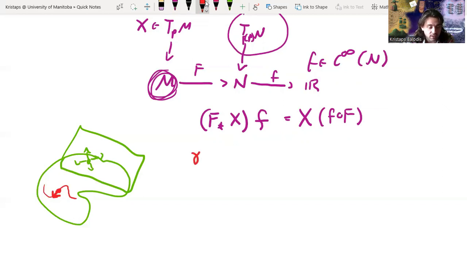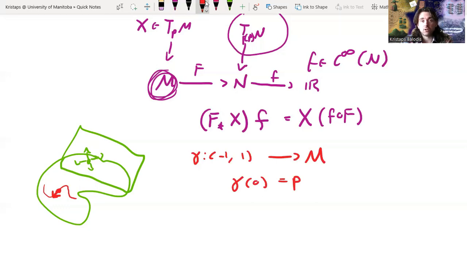So we take what we call a path through the point. For us, that'll be a map gamma from the open interval minus 1 to 1 into our manifold M, such that at time t equals 0, gamma is equal to p. Notice that the interval from minus 1 to 1 is a smooth manifold, and so we can define the push forward of this map.